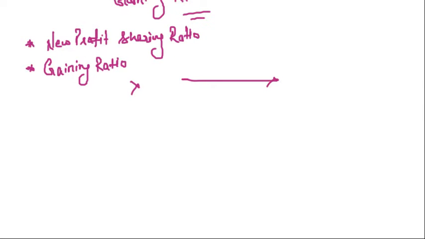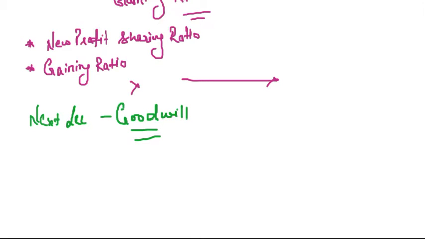Now in the next lecture, we are going to discuss a new topic of goodwill. Although not new for you, it is new in terms of retirement of a partner: how to treat goodwill in case of retirement of a partner.